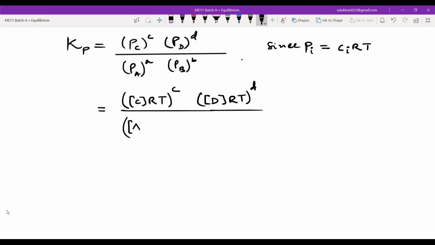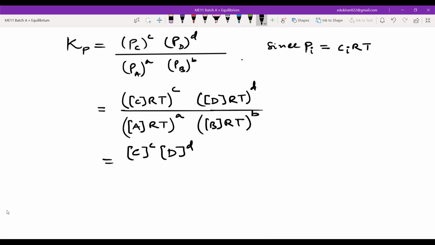Similarly, for A, the concentration of A times RT to the power a, divided by the concentration of B times RT to the power b. Now I can assemble C, D, A, and B in one place: the concentration of C to the power c times the concentration of D to the power d, divided by the concentration of A to the power a and the concentration of B to the power b.